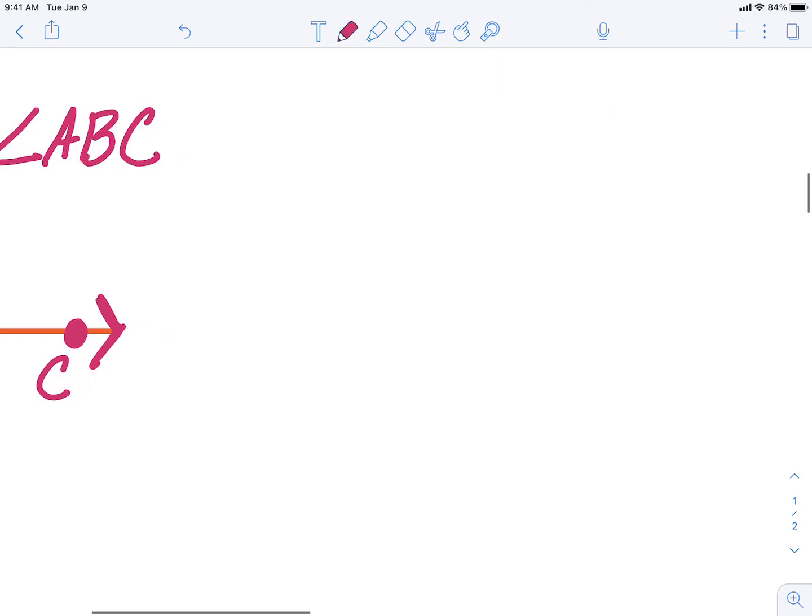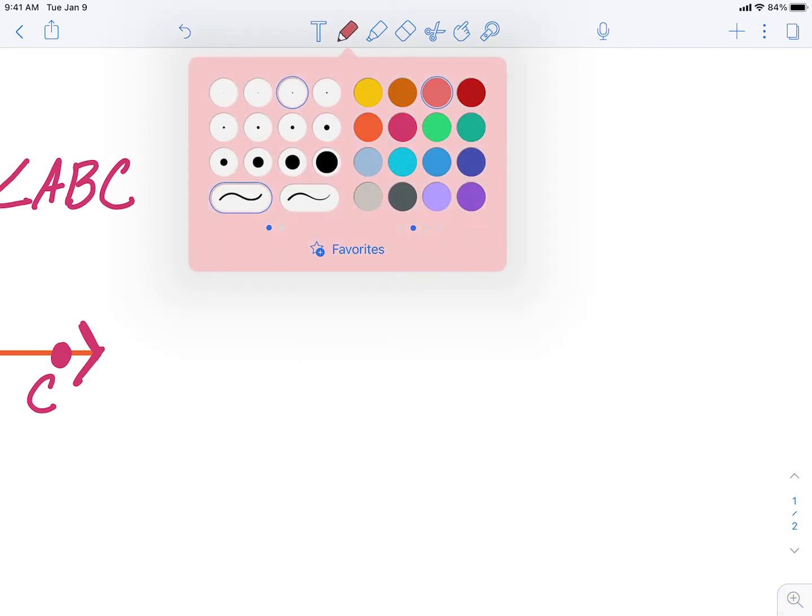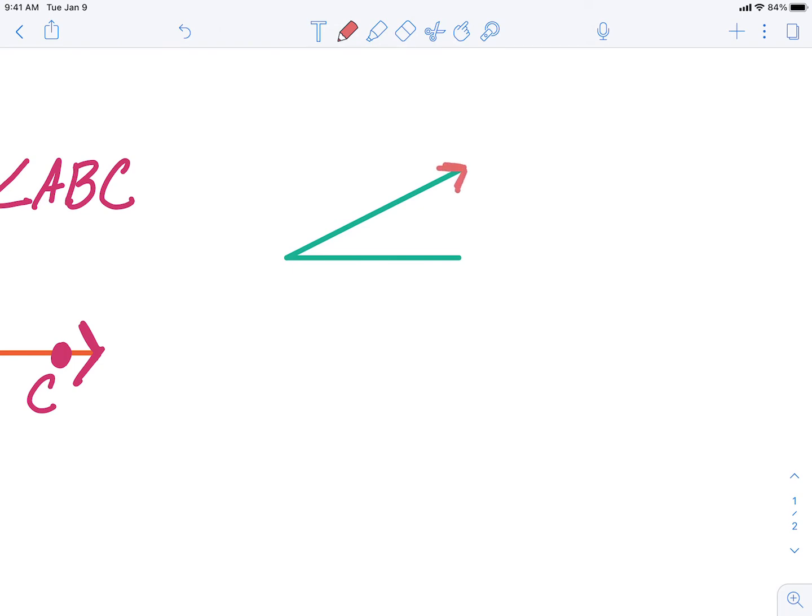Let me do another example, right? Let me do an acute angle. So I can go like that, and I can go like that, right? Same thing though. I draw my arrows, okay? And I'm going to put a point where they cross.